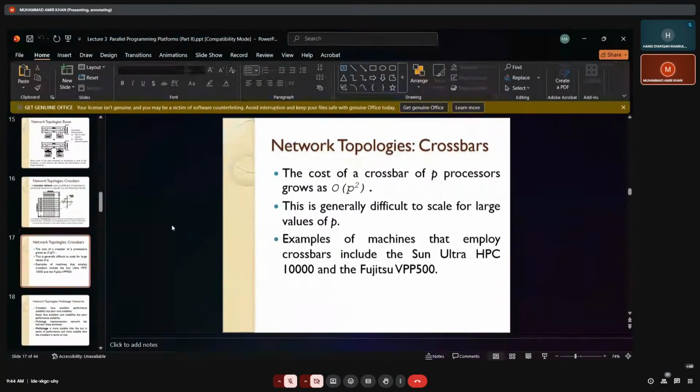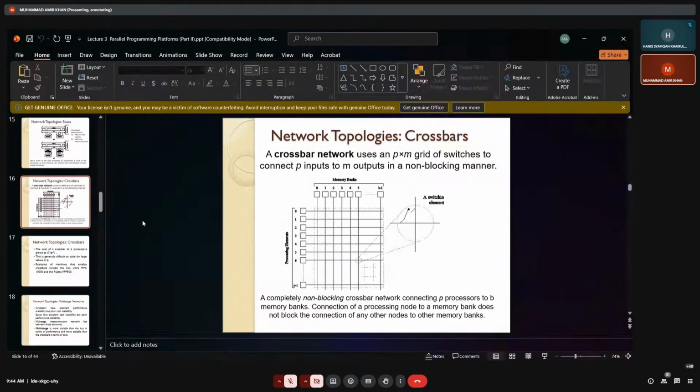If 2, the connections will be 4. If 4, then 16, like this. This is generally difficult to scale for large values of P. Definitely, if you grow it, it will be complex. Examples of machines that employ crossbars include the Sun Ultra HPC 10000 and the Fujitsu VPP 500. This is basically crossbar.